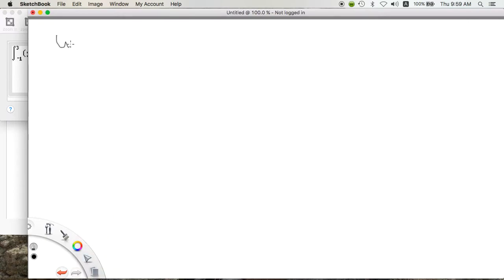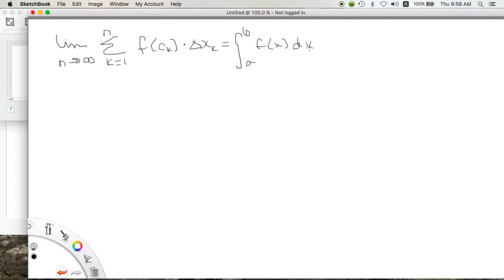From 5.2, you need to remember that the limit as n goes to infinity of the Riemann sum, if I could draw a sigma, that would help, k equals 1 to n. So as we get infinitely many rectangles, or if our delta x goes to 0, then that's the same thing as the integral from a to b of f of x dx.